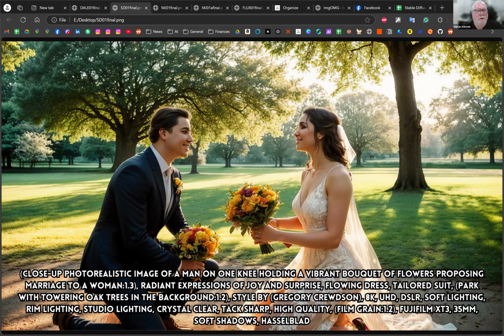Okay, so what do we go to now? Stable Diffusion is kind of funny because the real Stable Diffusion requires a very, very power-hungry computer, a very advanced PC.